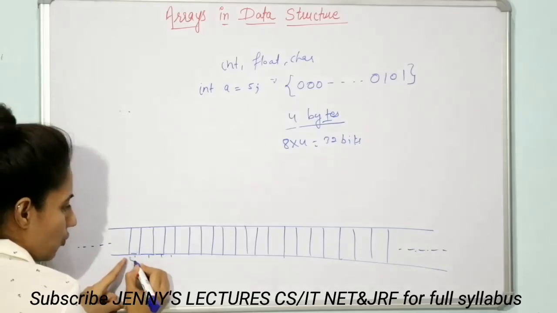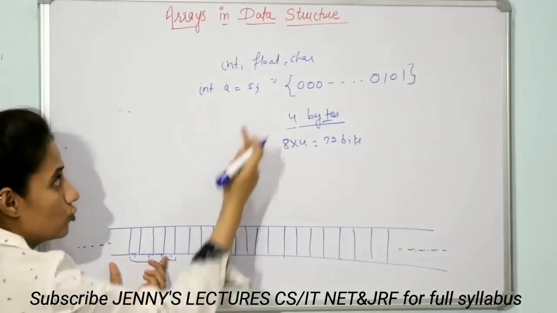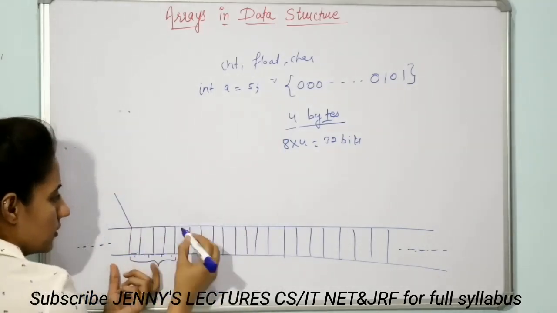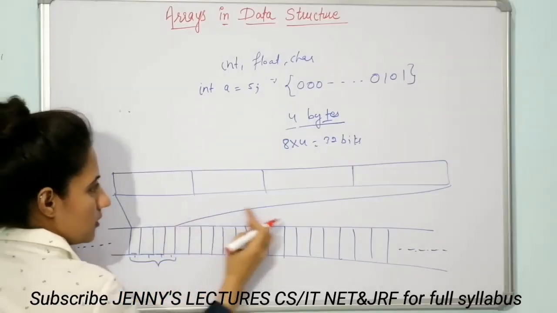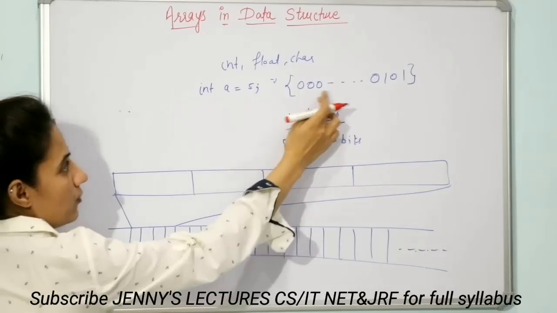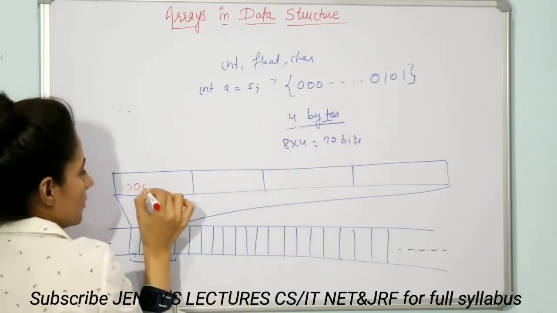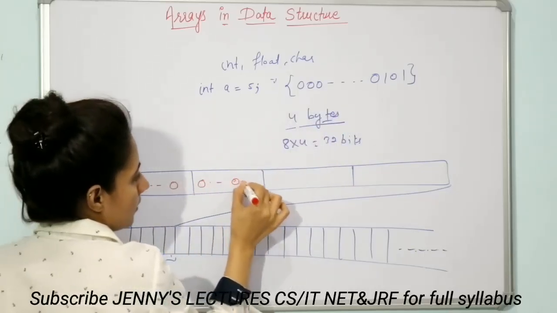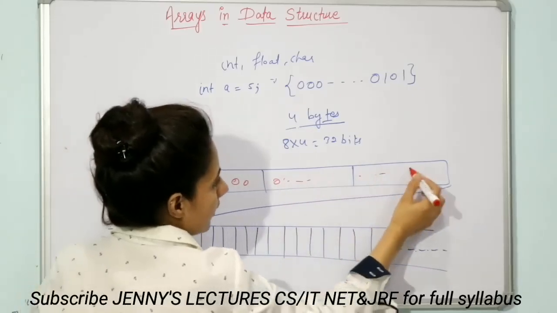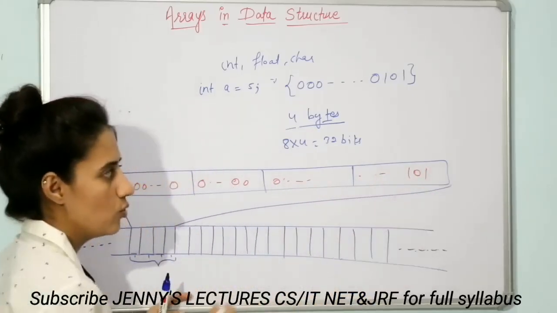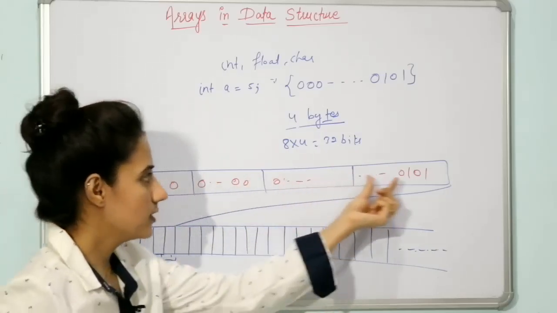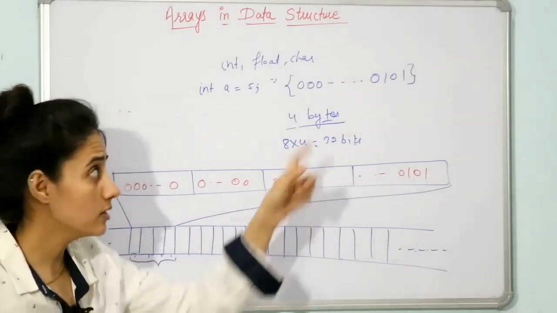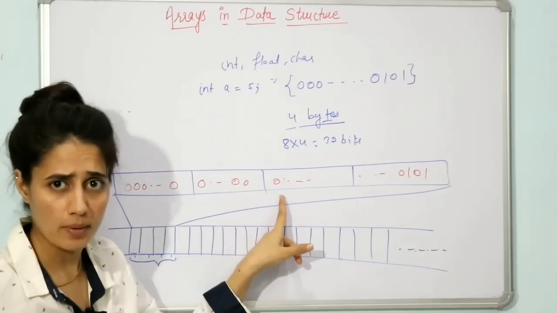Let us suppose these 4 bytes are allocated to store this 5. Here we are going to store these digits like this, and 101 at the end. 8 bits here, 8 bits, 8 bits, 8 bits, that is 32 bits. This is how the number is going to be stored in memory.